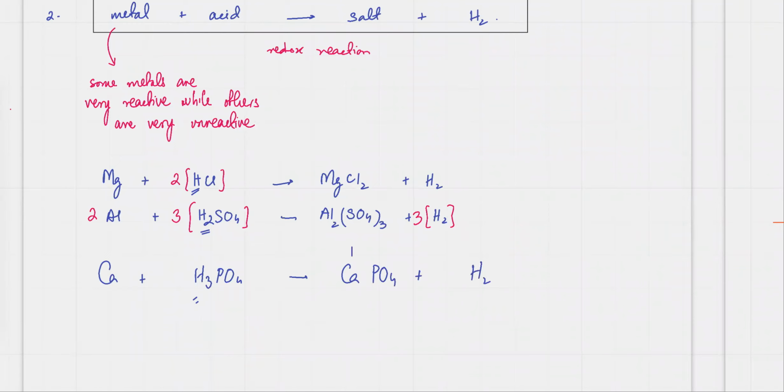And the thing is, Ca is +2 and PO4 is -3. So it's going to be Ca3 and PO4 twice. And you just need to balance it, 3 calcium. So there should be 3 calciums. You've got PO4 twice, so this should be multiplied by 2. And then you've got 3 H2 gas molecules, right?